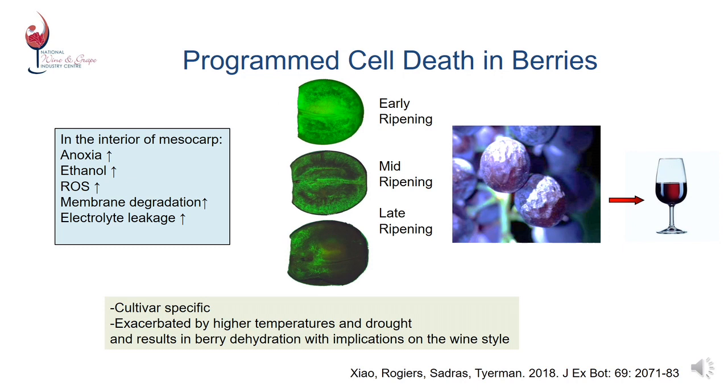And then, obviously, the phenomenon of cell death, which occurs after the plateau of berry sugar loading, will increase the berry water loss and will lead to more berry shriveling.